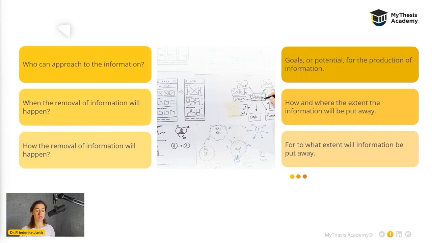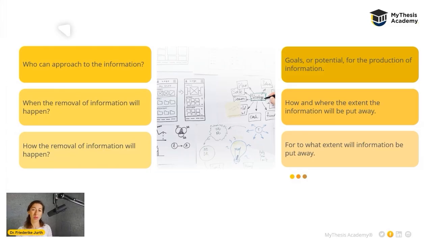So you should really inform about the different approaches, the different goals and treatment of information, and the extent to which it will be put away.